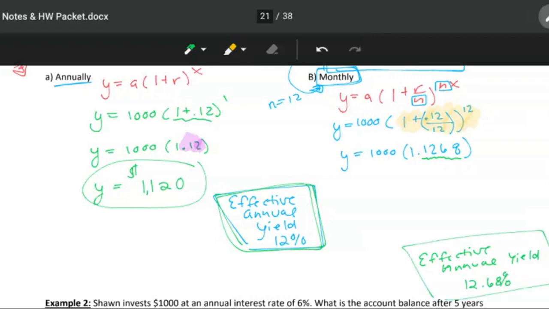So that's good to know that in this case, we're getting a little bit more than 12%, which should make sense.